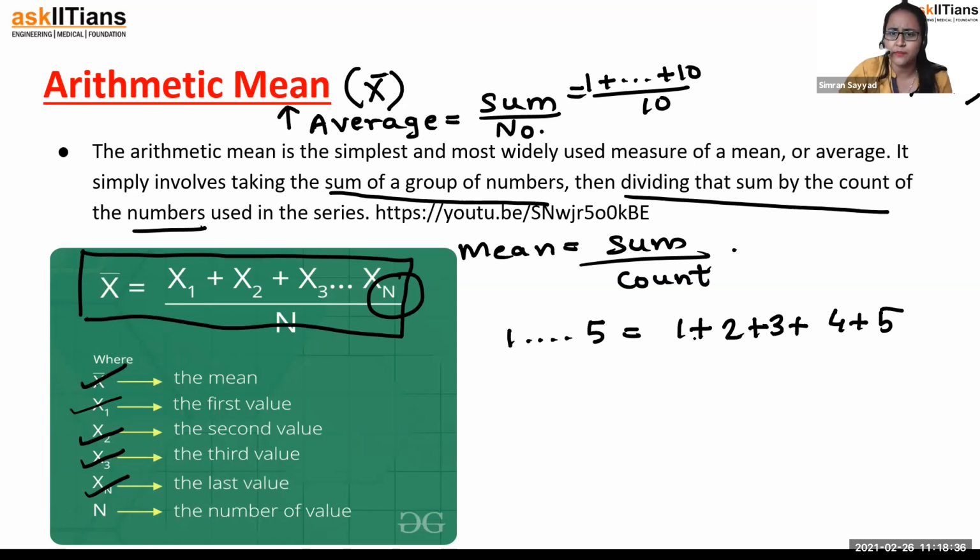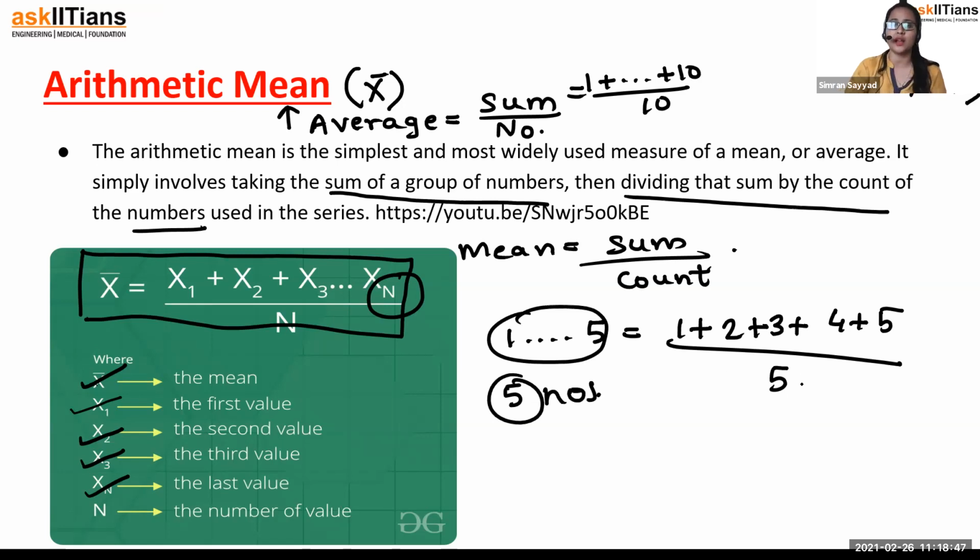You are going to do the sum of all and then divide it by 5, because the count here is 5. There are 5 numbers. So arithmetic mean is nothing but simply an average. Understood? Perfect. Let's move ahead.